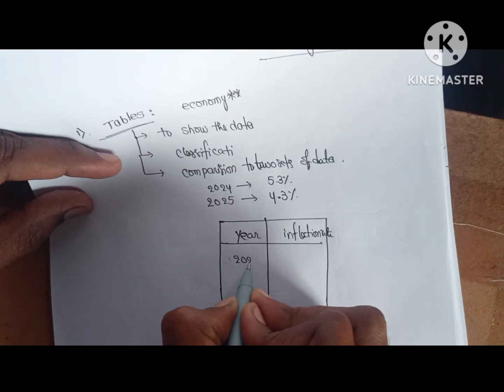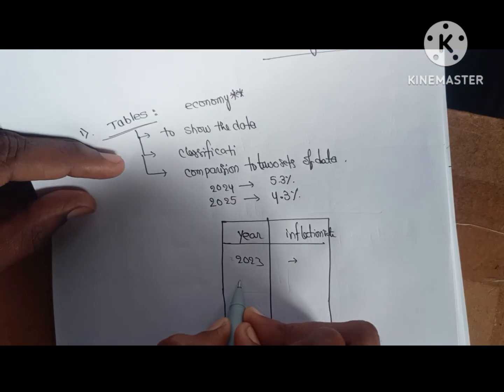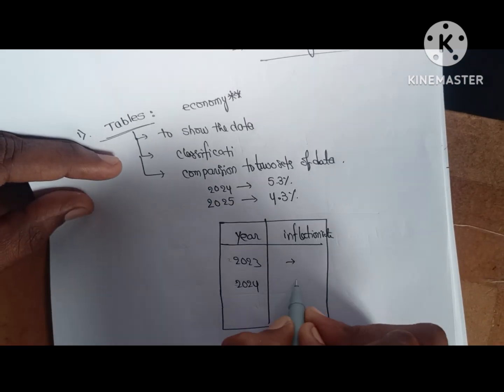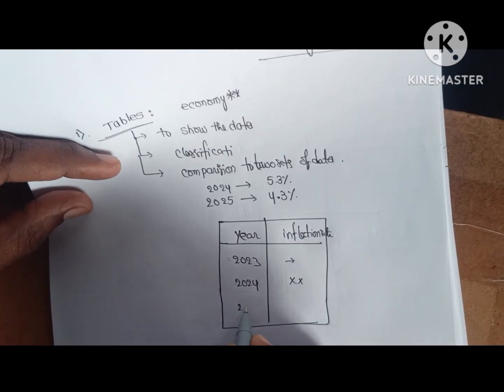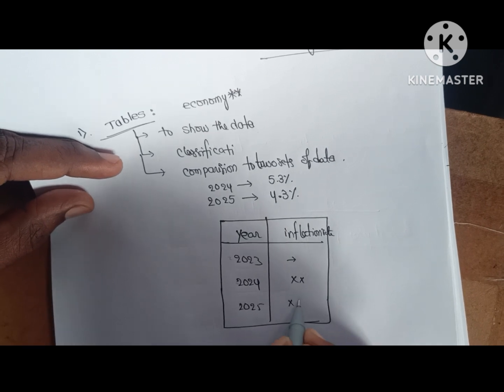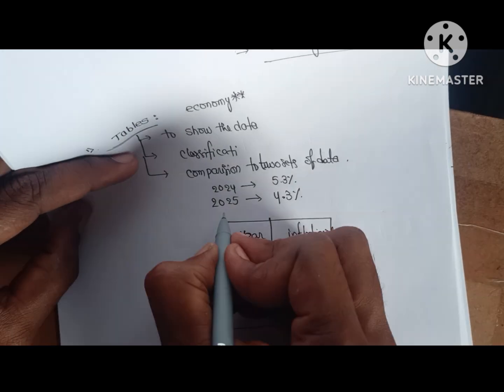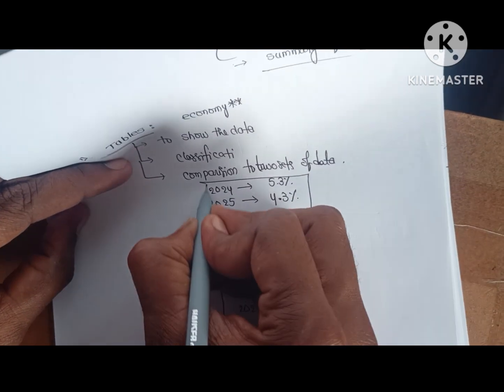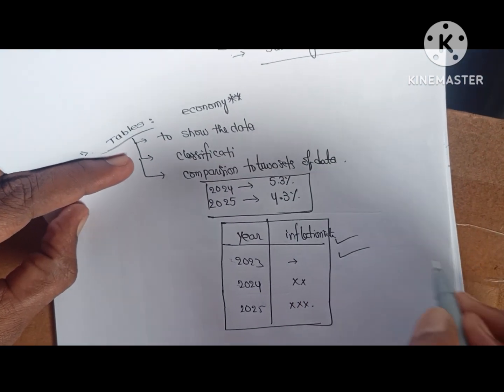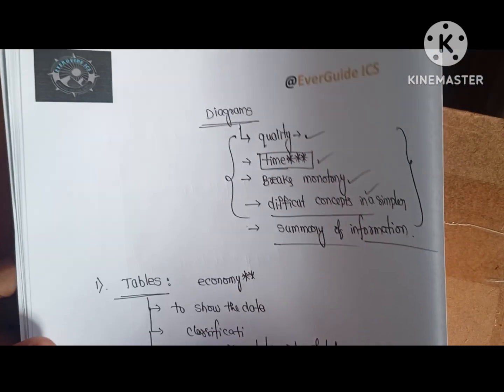For 2023 this much inflation is there, for 2024 the inflation is like this, and for 2025 the inflation is like this. You can draw the table instead of writing data. Generally it will fetch you more marks than others.